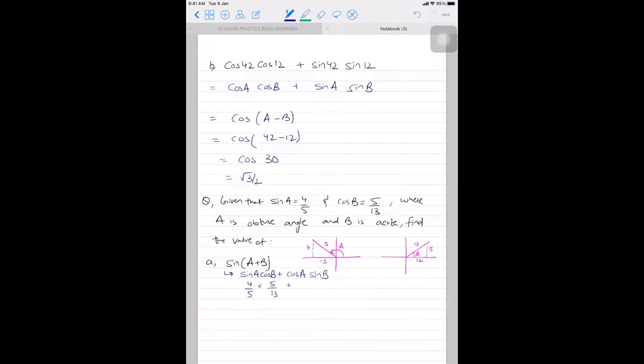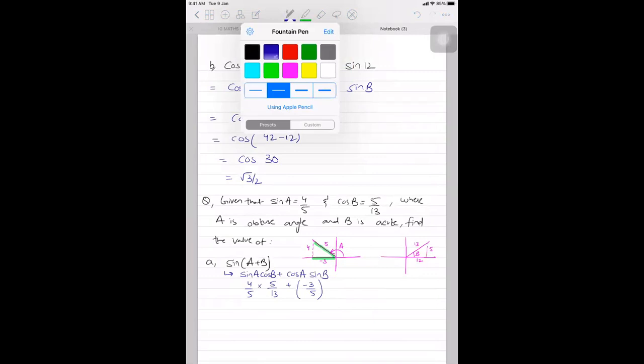Now what is cos of angle A? It is going to be minus 3 upon 5. Cos is a ratio of adjacent over hypotenuse, so minus 3 over 5. And what is sine B going to be equal to? 5 upon 13. Right.